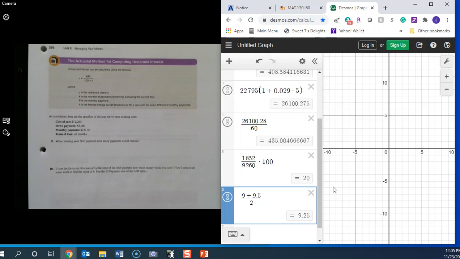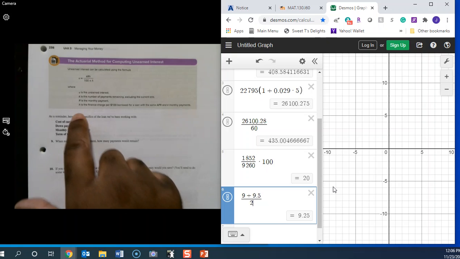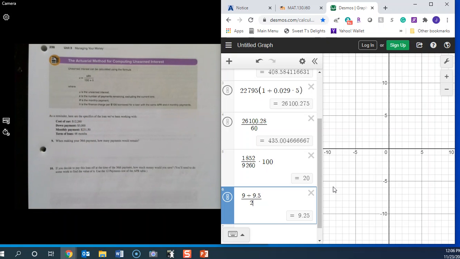And H is the finance charge per $100 borrowed for a loan with the same APR and K monthly payments. All right, so as a reminder, here are the specifics of the loan we've been working with. These are the same 4 values we had from when we started this lesson.